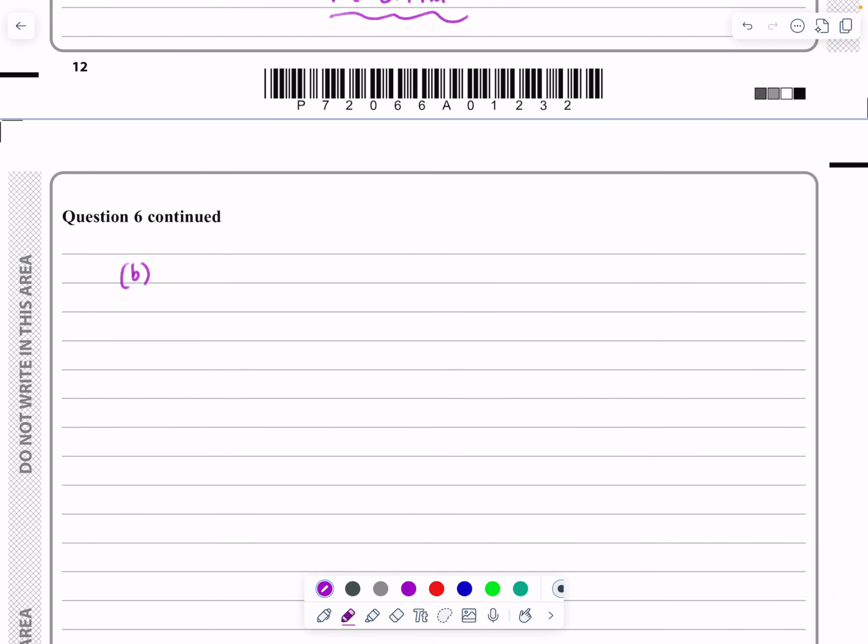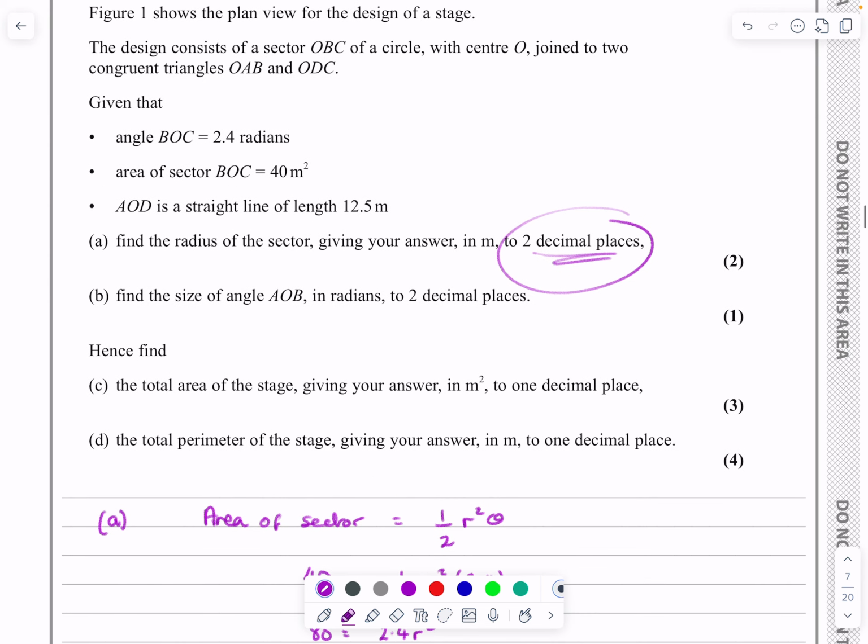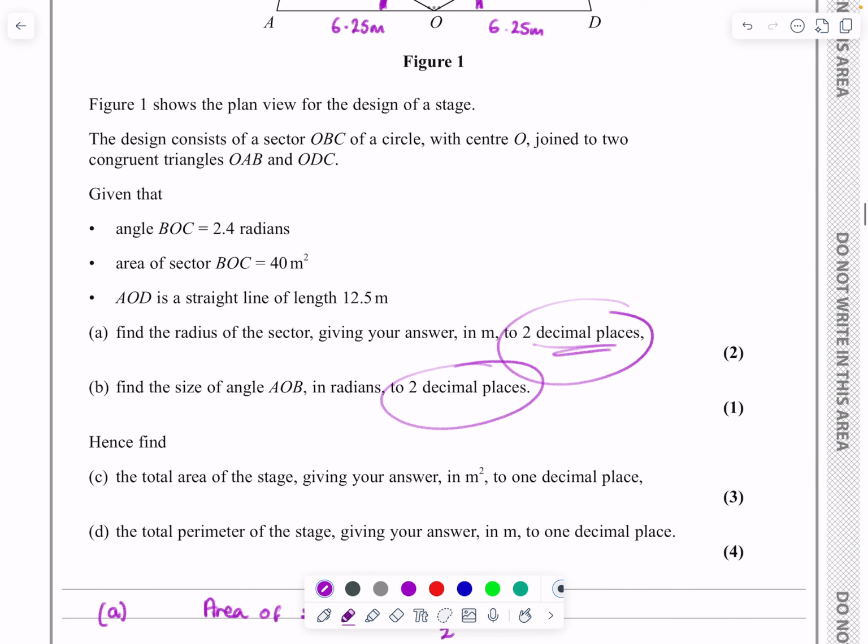So AOB is just going to equal 2 pi minus the 2.4, and then that all divided by 2. So do that on your calculator. That works out to be 0.37 radians. Again, in the question it asked to 2 decimal places there. So we've done both A and B.